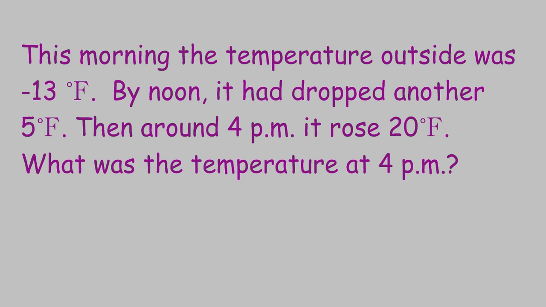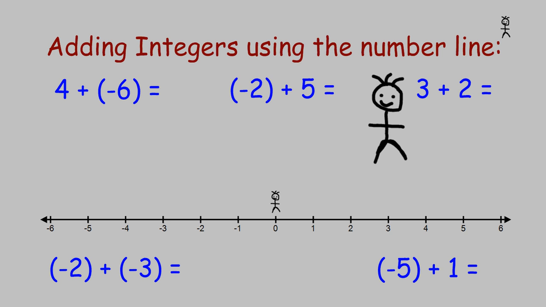This morning actually, the temperature outside was -13 degrees Fahrenheit. By noon, it had dropped another 5 degrees Fahrenheit. Probably the polar vortex coming through. Then around 4 p.m., it rose 20 degrees Fahrenheit. What was the temperature at 4 p.m.? And we're going to use adding integers to solve these by the end of the class.